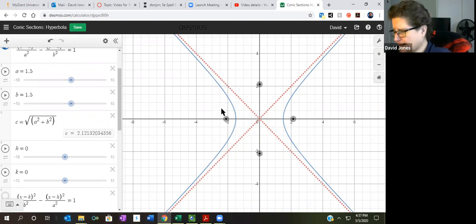Find the center, vertices, foci, domain, range, and let's go for the gusto, eccentricity as well. Okay, so where do I find the center? Let me pause and let you write that down.